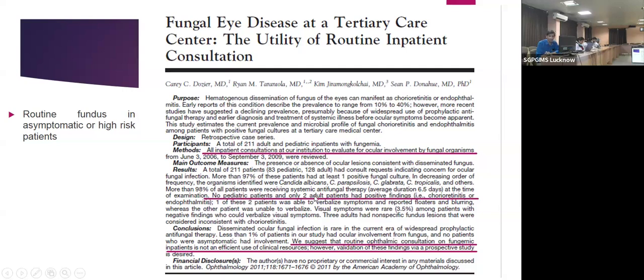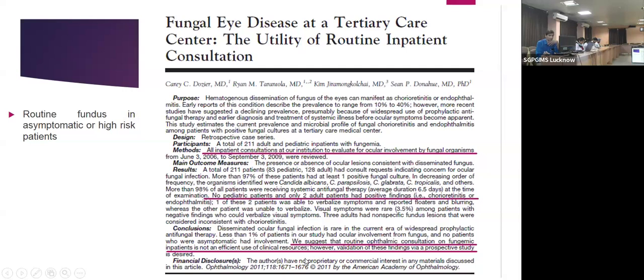No pediatric patient and only 2 adult patients had a positive finding, that is chorioretinitis or endophthalmitis. Okay, only 2 patients out of 211. The routine fundus examination was done in more than 200 patients. Only 2 patients were found to have the involvement.